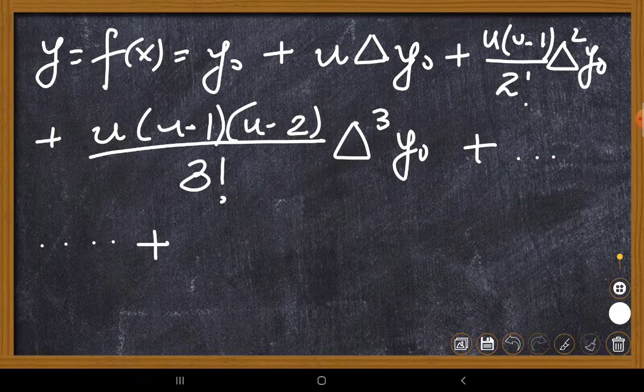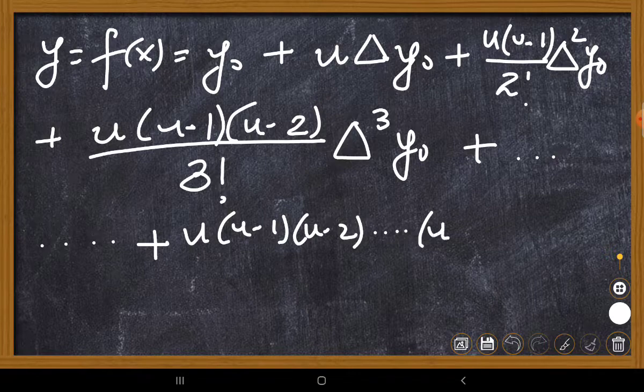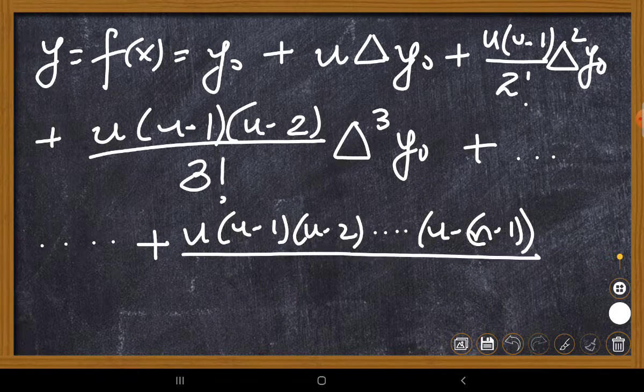Your last term will be u into (u minus 1), (u minus 2), and so on up to (u minus n plus 1), divided by n factorial, into delta n y0. You already know what delta is.